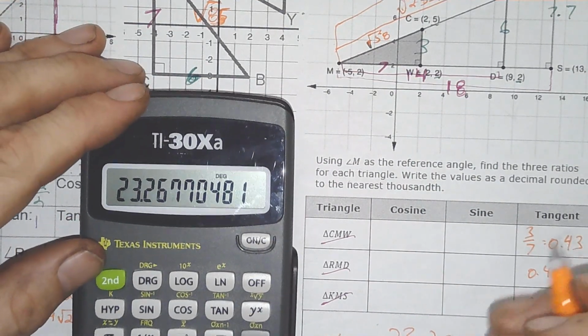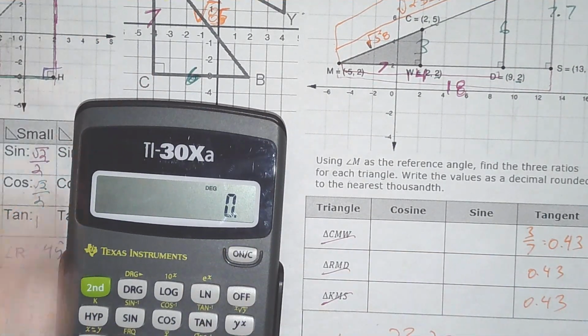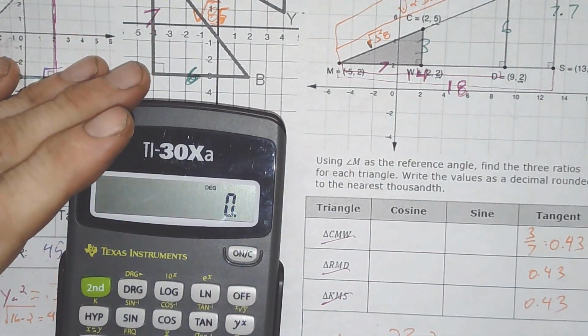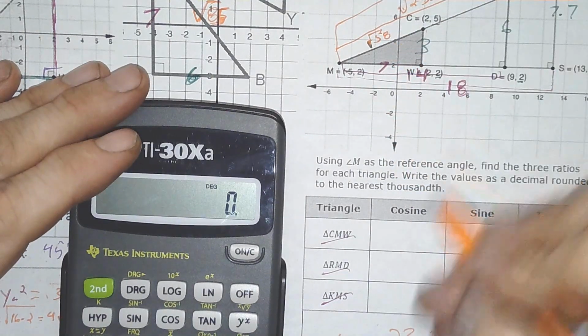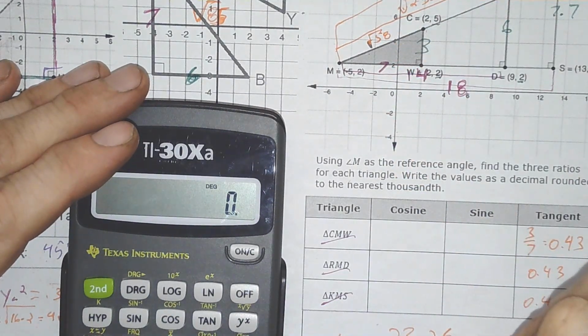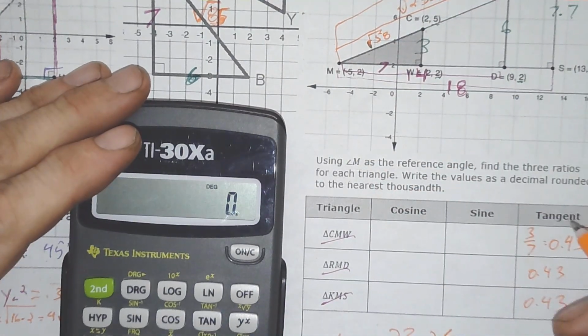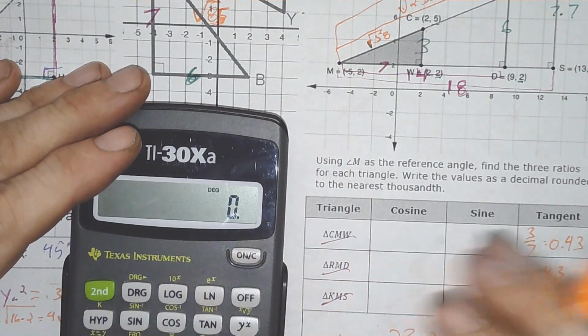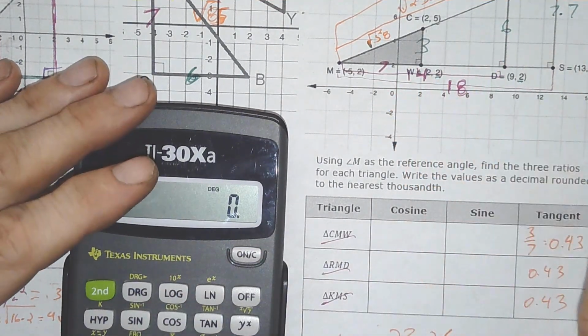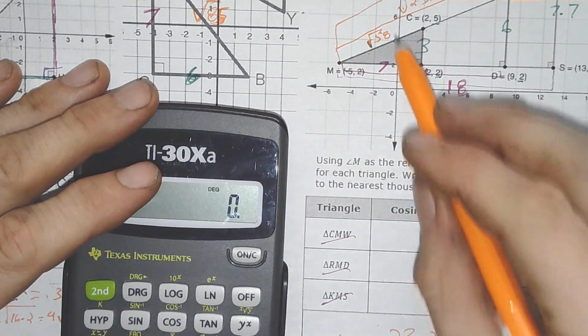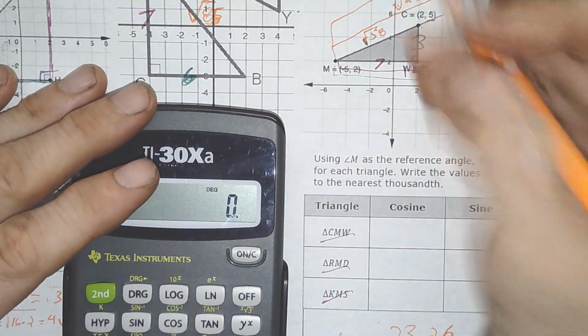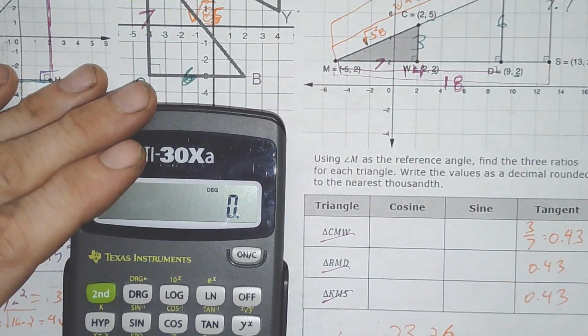Okay, so if we know that this is 23.26 actually, 23.26, okay, then we can say that the line segments, so MC equals, and MR equals, and MK equals.